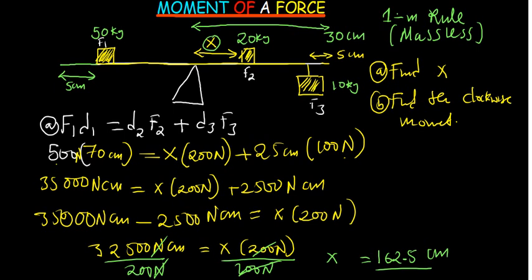So you can see that it doesn't mathematically make sense. And what's the reason of it not making sense? This cannot be 162 centimeters. We can't have an answer 162 because this meter ruler only ends at 100 centimeters, but this is more than 100 centimeters. This tells us that the only way this ruler can be balanced is if this object is placed far away at the end of this ruler.